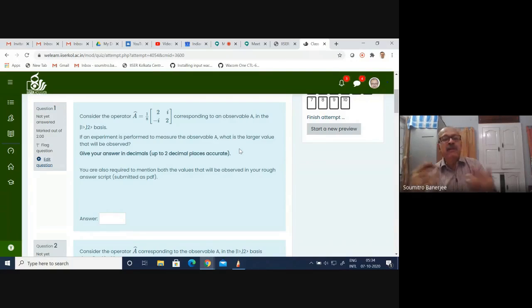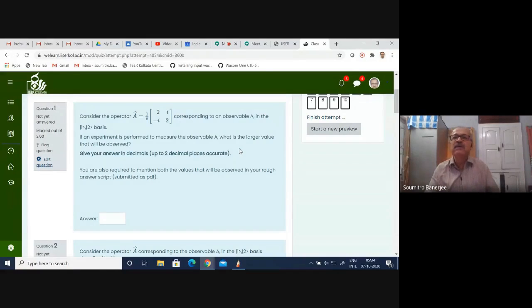That will give the probability amplitude of observing the first eigenvalue. Take a projection on the second one, you get the probability amplitude of observing the second eigenvalue, and the probabilities are essentially the mod square of the projections. So it is actually very simple.